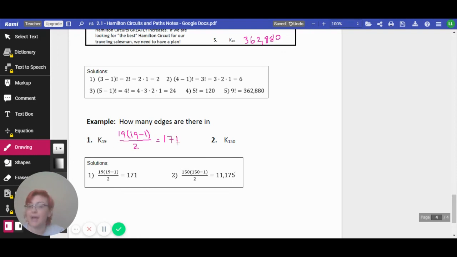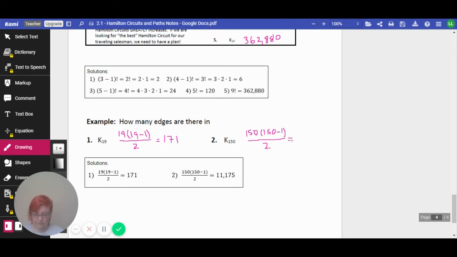Now, when we start doing math with these graphs, we're going to use much smaller graphs. You're not going to have to worry about a K19, and you definitely are not going to have to worry about a K150. But if we had a complete graph with 150 vertices, then to find the number of edges, we would do 150 times 150 minus 1 divided by 2.